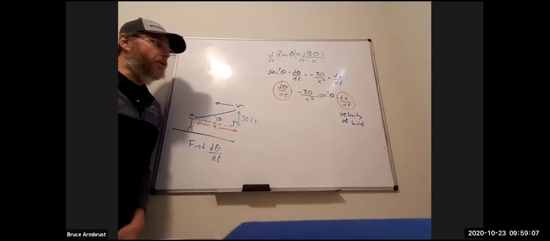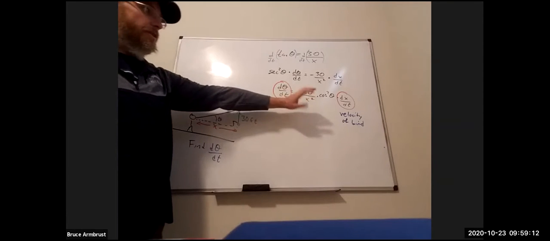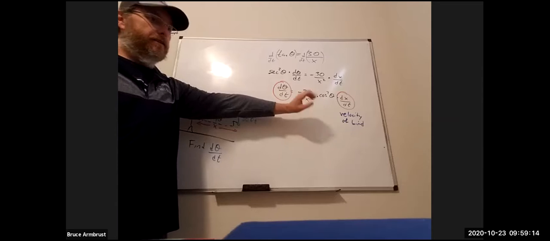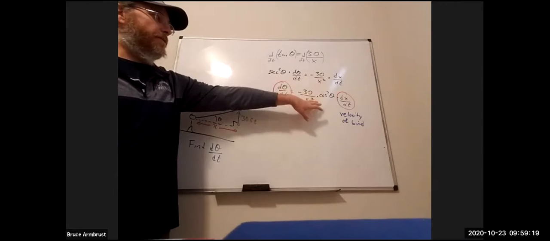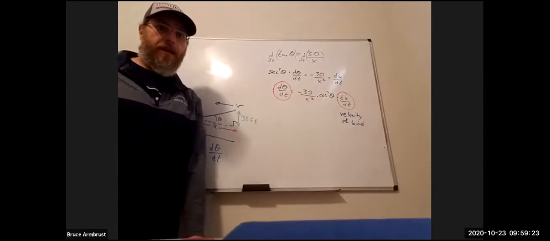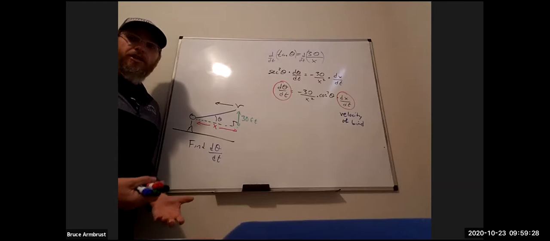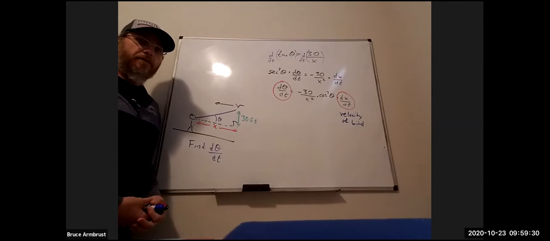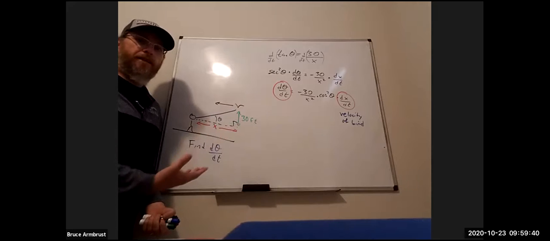So once we get our equations and we differentiate, you're going to see why it totally makes sense why all this stuff is in there, why it matters where the bird is, why it matters how fast the bird is flying. But now we've got this, and so we could actually use it to calculate things. If we want to know some specific rates of change at various locations, it's just a matter of plugging in the numbers.